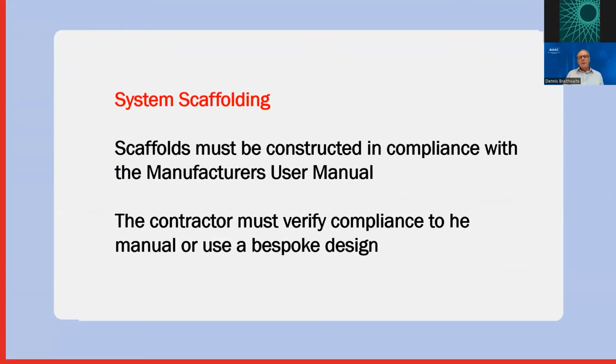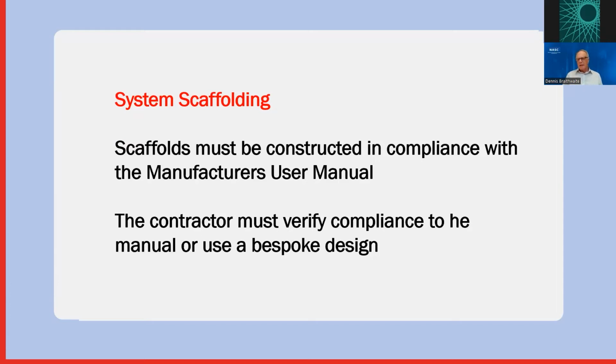When we come to system scaffolding, that's slightly different because it's not covered in the TG20 user guide, e-guide. So scaffolds erected to a particular system must be constructed in compliance with the manufacturer's user manual.